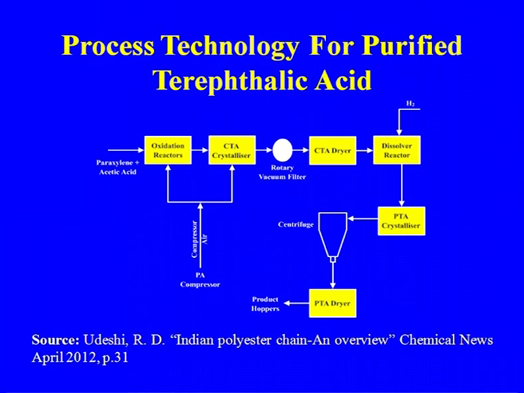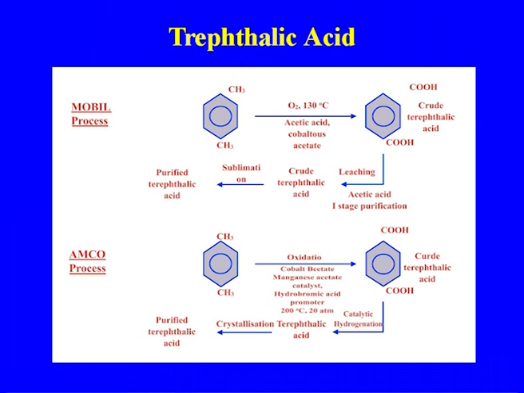spinning. These are the various reactions that are taking place, and as I told you, the purification of the crude terephthalic acid in the case of the Mobil process is by sublimation. In the case of the AMCO process, the crude terephthalic acid goes through a series of crystallizers, and then the purification takes place.